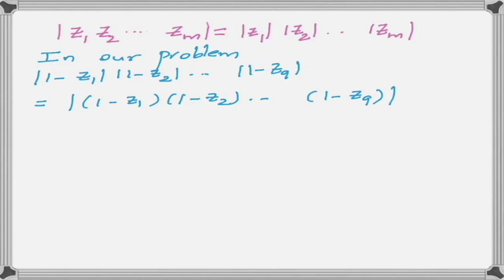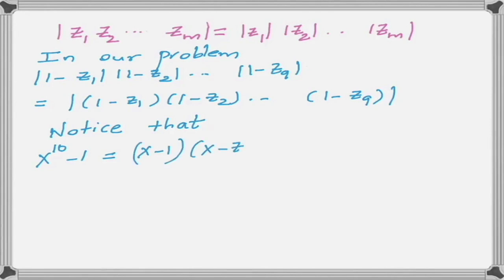Notice that because z1, z2 up to z9 are the 10th roots of unity, the polynomial x^10 minus 1 factors as (x minus 1) into (x minus z1) into (x minus z2) and so on up to (x minus z9).